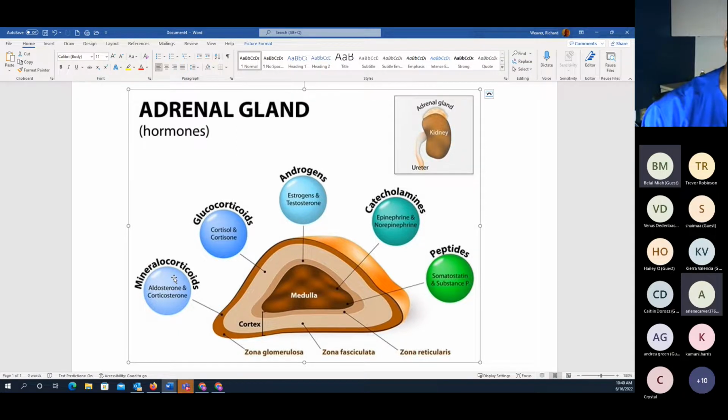When the aldosterone kicks in, aldosterone will make the kidneys reabsorb sodium and water, right? And so if you absorb sodium and water, tell me what would your blood pressure be with Cushing's disease? If you're absorbing more sodium and water, your blood pressure is going to be higher. Exactly.